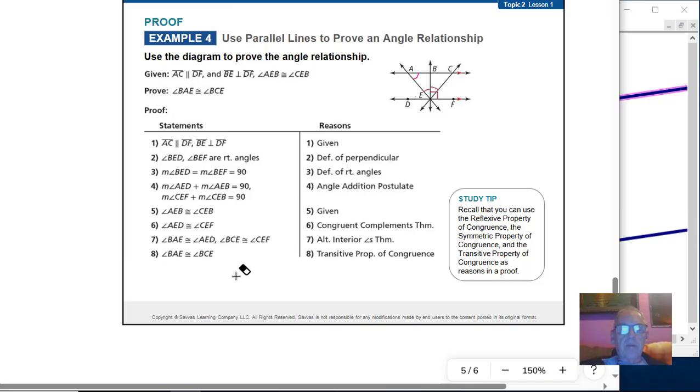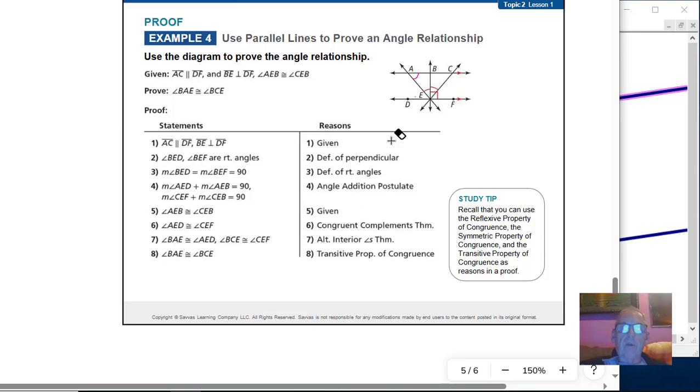And then by the transitive property, since BAE is congruent to AED, and since CEF is also congruent to AED, we can set those equal to each other, and that leaves us with BAE congruent to BCE by the transitive property of congruence.